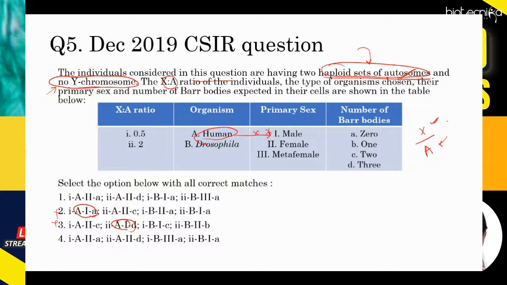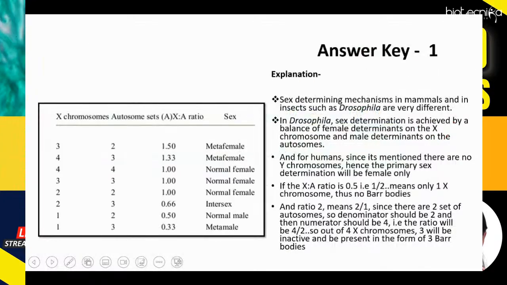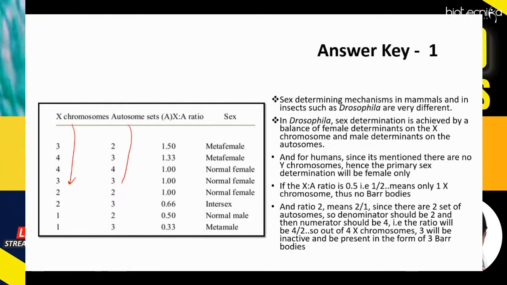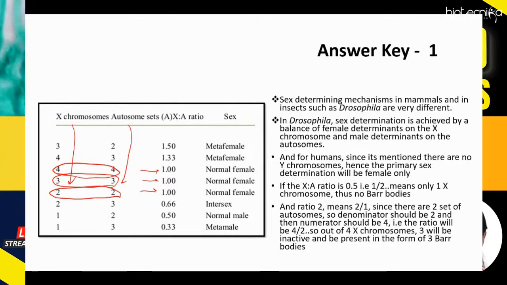So if the X by A ratio is 1, you can have a look here. Anyways, you saw the answer. These are the X chromosomes and these are the autosomes, right? You can have 4 of each, or 3 of each, or 2 of each. In all these cases, the ratio will be 1, right? This will lead to the production of a normal female.